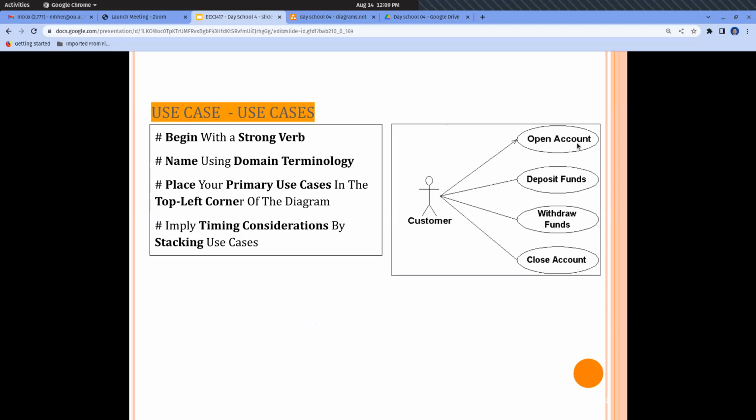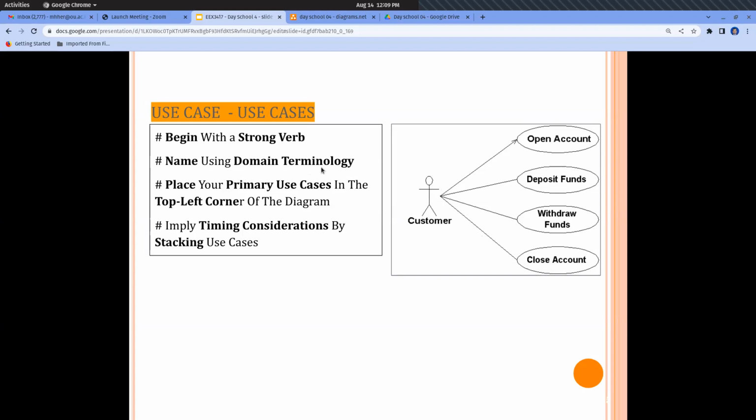Here you can see open account, deposit funds, withdraw funds, close account. When you give a name for a use case, first type a verb: open account, deposit funds. Deposit is the action, and the action for what? Funds. Withdraw funds. Close account.